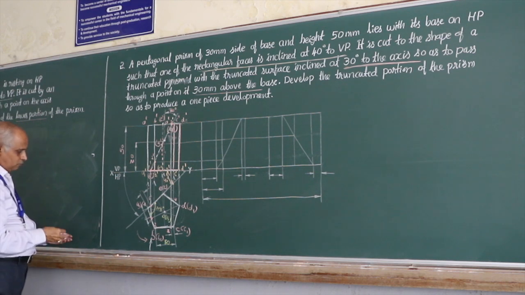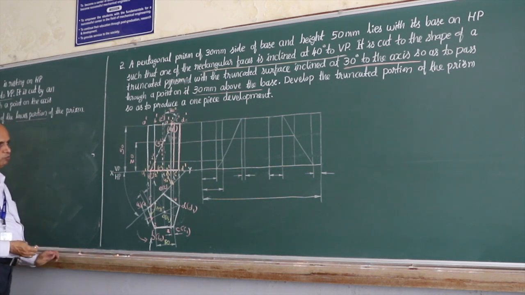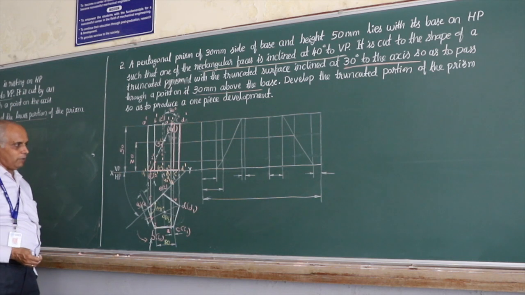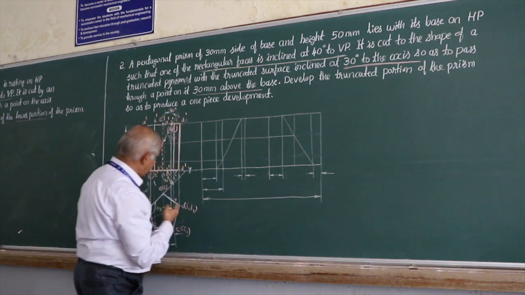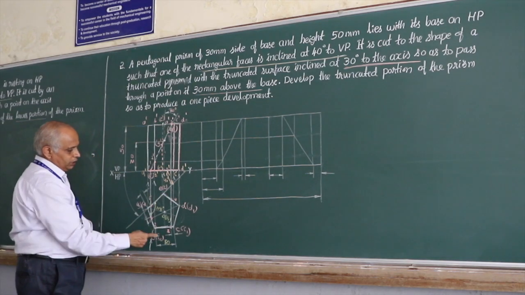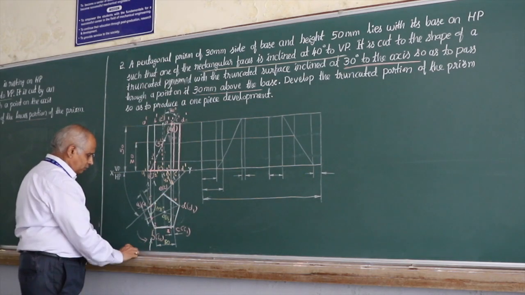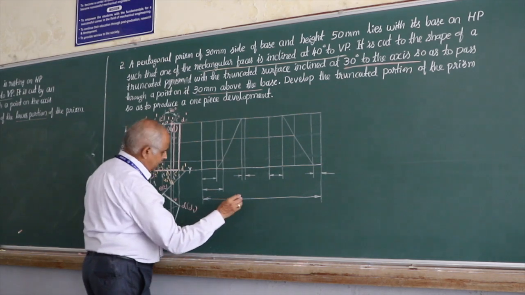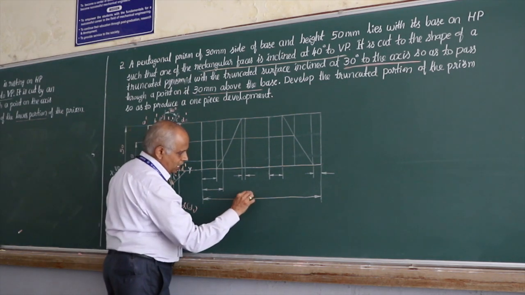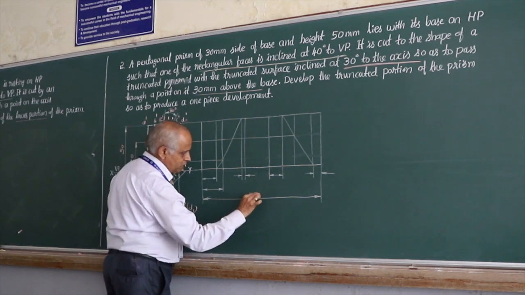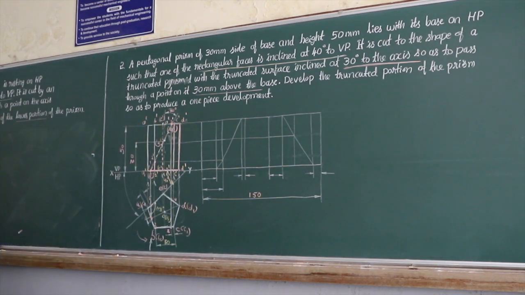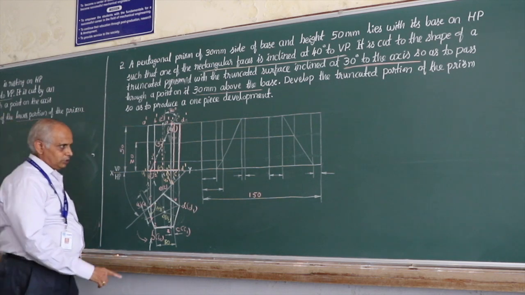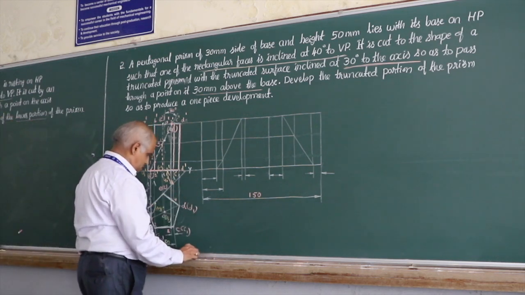So therefore after identifying the section points, you have to look at the development. Remember, the length of the development in the parallel method is nothing but the perimeter of the top view. Each side is 30, therefore the length of the development should be 5 times 30 because it's a pentagon, and therefore this is 150 millimeters. And each side is 30 mm, therefore there should be 5 rectangles of 30 mm.